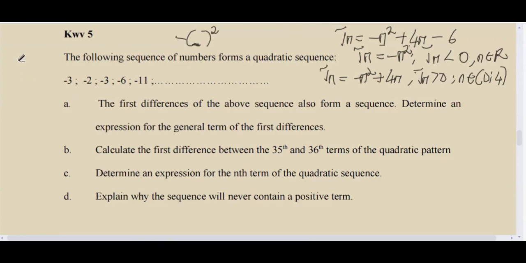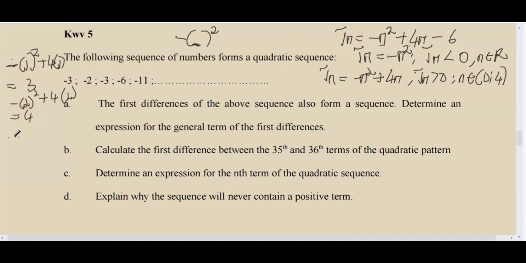So you can even try it here. Let's say we are substituting 1. We say negative 1 squared plus 4 times 1. This is going to give us 3, right? If we say negative 2 squared plus 4 times 2, and then let's punch it, this is giving us 4, right?